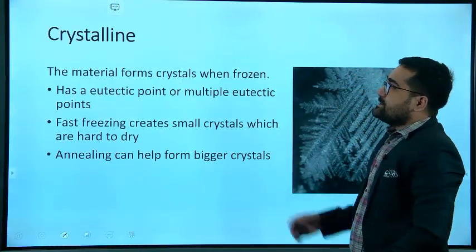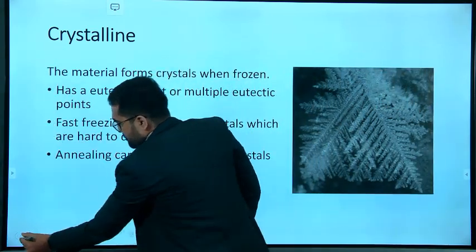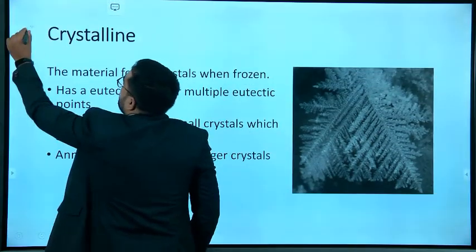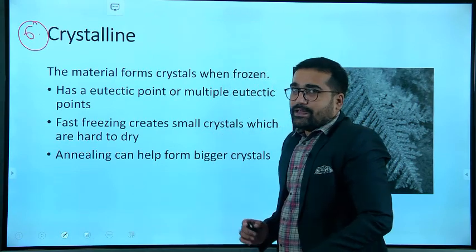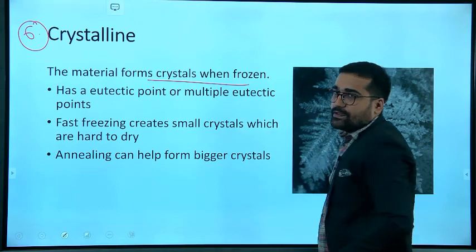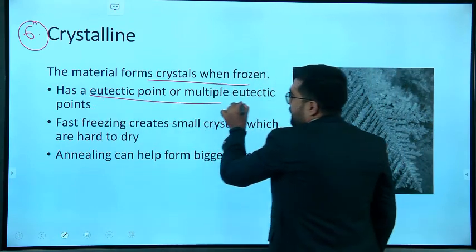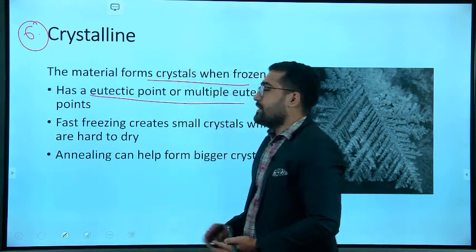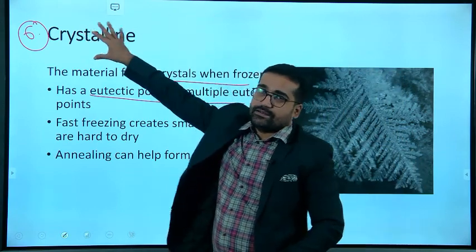So, next term is crystalline. This is term 6. As we know, when we are freezing a product, it forms crystals, correct, and these crystals have a certain eutectic point, or there can be multiple eutectic points also. And this crystal forming we call crystalline.